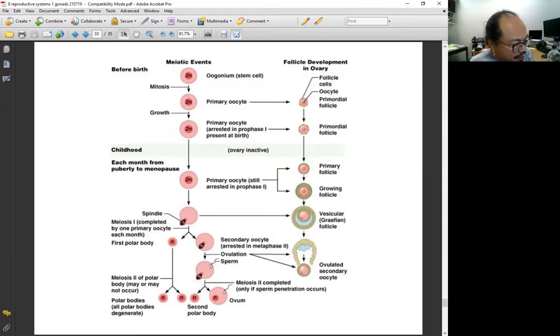Once a sperm comes in, this secondary oocyte will complete its second meiosis, and form this ovum. Now this ovum is haploid, that is the required gamete. Otherwise, these basically are not gametes. They are not haploid. Then this ovum will fuse with the sperm and complete its fertilization.